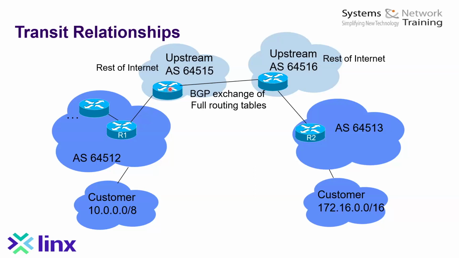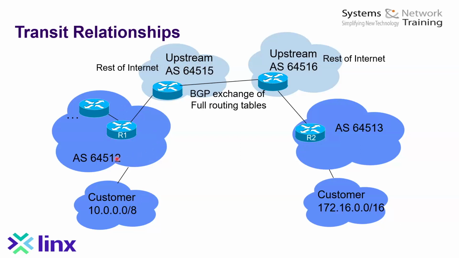That's effectively what transit is doing. Also, this customer down here is using this prefix and will advertise this prefix to the service provider. If this customer wants to get to something on the internet, like Google or whatever, it's going to be paying this provider for transit. So this customer pays this provider, and this provider makes some money. And then this provider, which doesn't have access to the core of the internet, pays this provider, and so this provider makes some money. So there's the chain of commerce that goes on here.